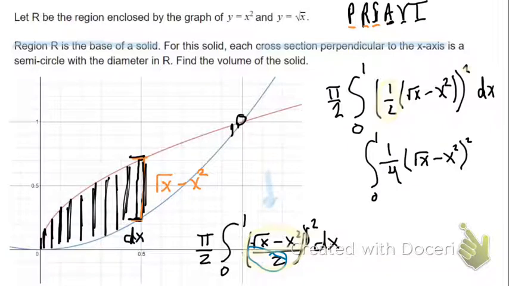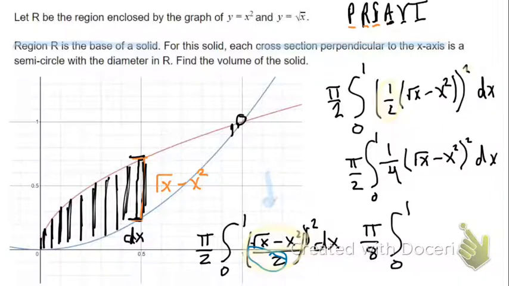From 0 to 1, and then pi over 2, and there's my dx. I could pull that quarter out front, because it's just a multiplier, so I can do it either inside the integral or outside the integral. And so that's going to become pi over 8 times the integral from 0 to 1 of root of x subtract x squared, squared dx.